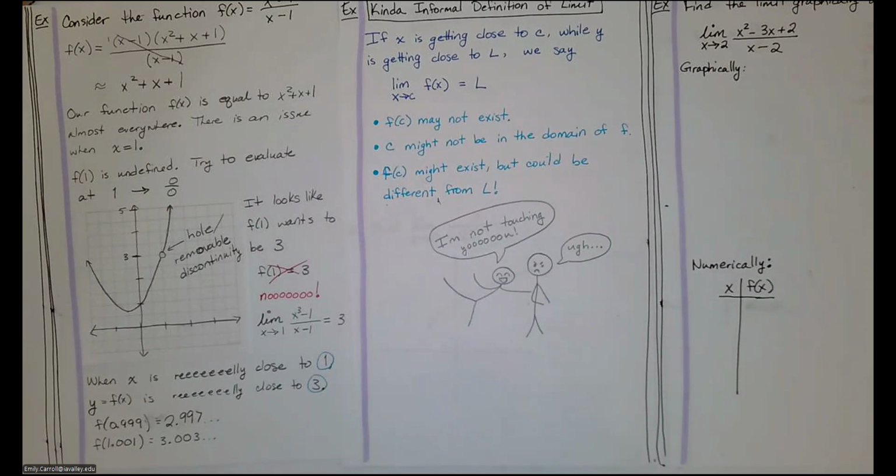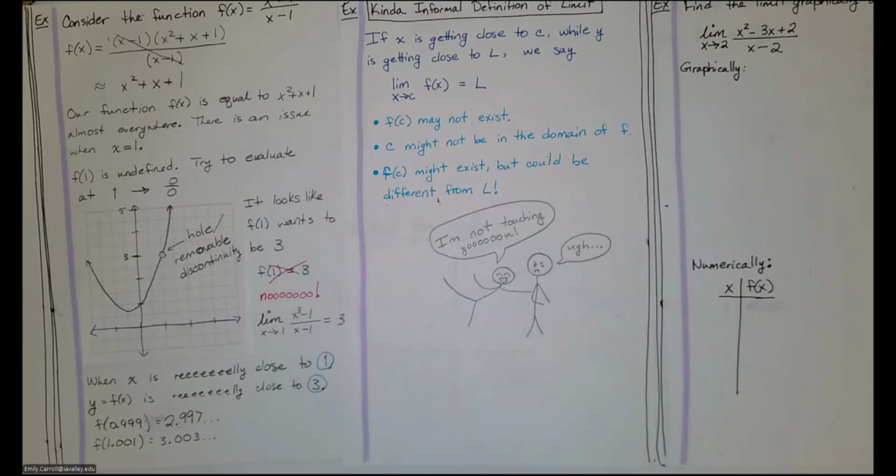So pick this apart a little bit. c is a number that x wants to be, but maybe can't quite achieve. And then L is what we imagine would happen to the function if x were actually allowed to be c. That's generally what it's going to be doing. However, we'll see that you can still do a limit in cases where x is allowed to be c. We'll talk about that too.